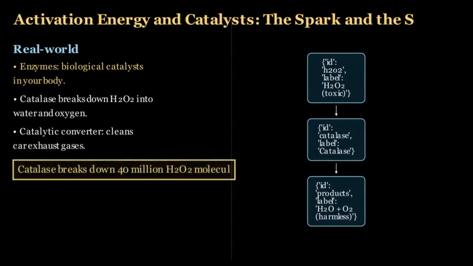In your car, a catalytic converter uses metals like platinum and rhodium to carve similar tunnels for nasty exhaust gases like nitrogen oxides. It helps them react to form harmless nitrogen and oxygen before they leave the tailpipe. So the whole idea is this: a catalyst is a shortcut that leaves the destination unchanged, but makes the journey possible for almost everyone.